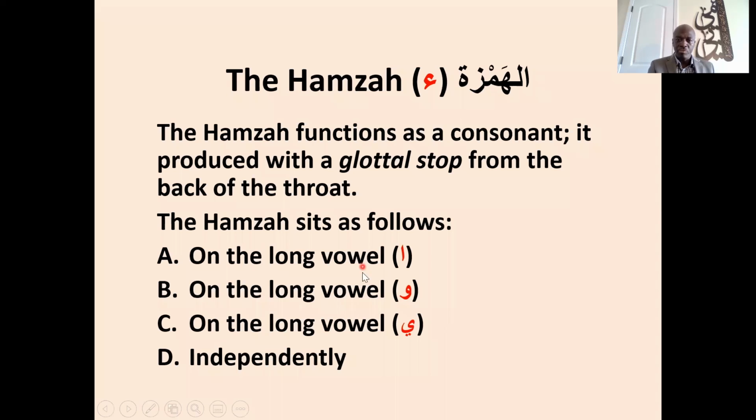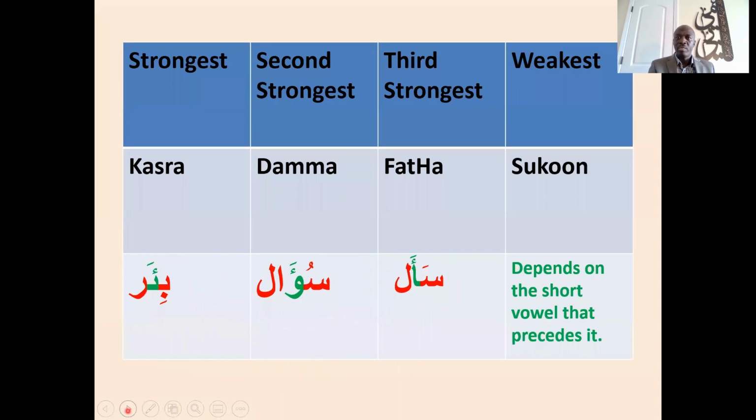So the third video will be about the stand-alone Hamza, Hamza being by itself, not sitting on any of the long vowels. Let's figure out the Hamza. And before we figure out the seating for the Hamza, we need to remember the rules.